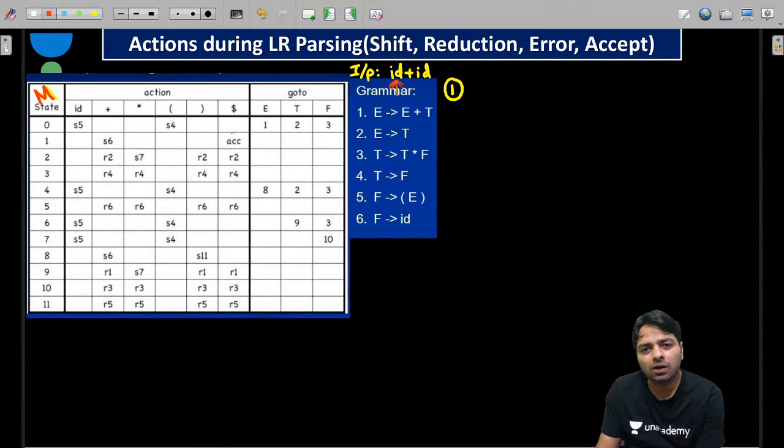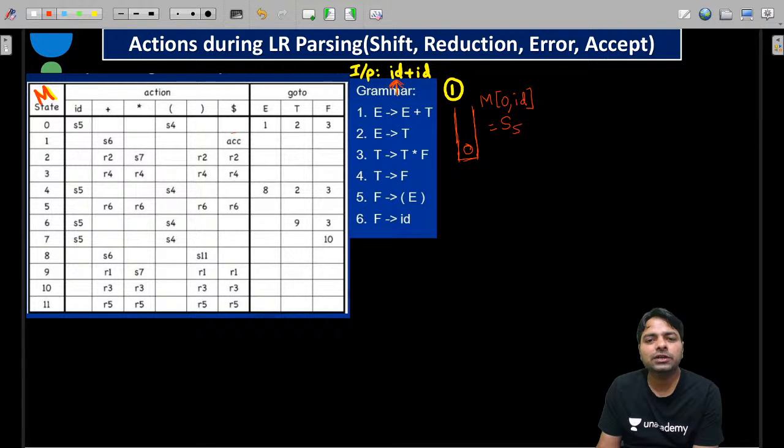Now on the stack, what do you have? Initially you keep 0 only. This is the initial configuration of the stack: 0. Now what you are going to look at is M of 0 comma ID. What is this? 0 comma ID, that is S5. So it's a shift. Now the second step.